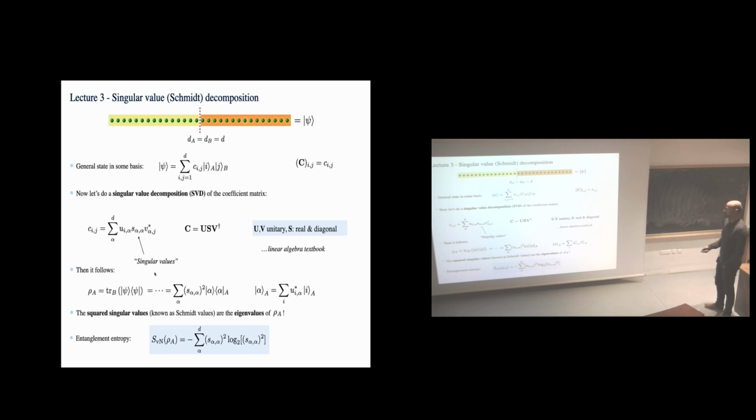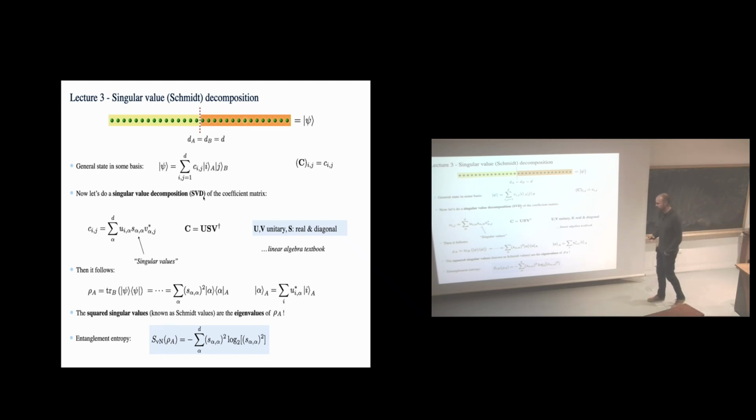A simple exercise you can do is to insert this and write your state in this diagonal form, so that you have only diagonal elements in the coefficients. Then if you trace over the subsystem B, you will see that your reduced subsystem density matrix rho A can be written as a sum over the singular values squared times this new basis, where this new basis is defined by these matrices U.